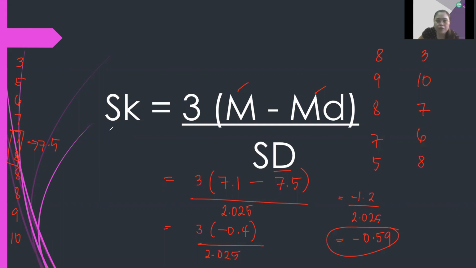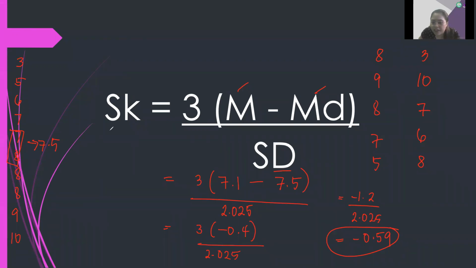Manual is negative 0.59, sa JASP negative 0.77, 0.63. So your answers are within the range except for those na positive ang answer ninyo. Bakit positive?